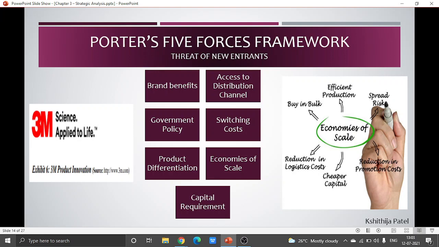Then we have capital requirement. A high capital requirement might prevent new entrants from making investments in an industry. For example, developing telecom infrastructure in rural India requires high capital investment as it involves greater logistic risk and also extends the time taken to roll out telecom service.